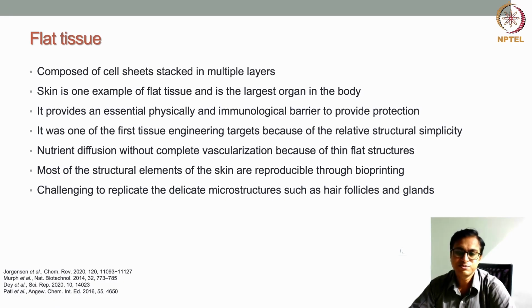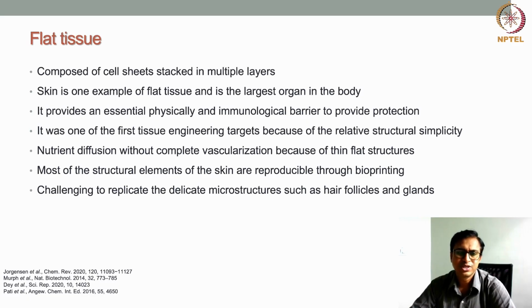These specialized structures are also very much important for the function of the skin. But if there are no hair follicles or no glands present in your bioprinted skin, that skin cannot perform its functions, right? So those are the challenging things, and there are various researchers working on this to address these issues.